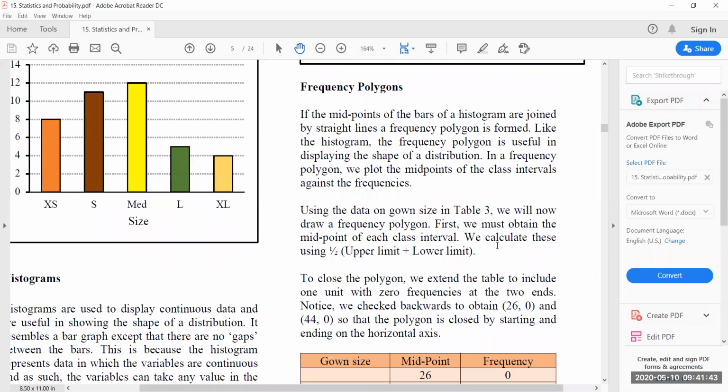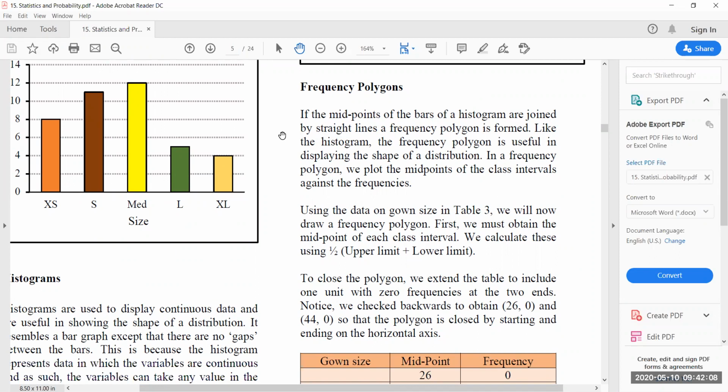Frequency polygons. If the midpoints of the bars of a histogram are joined by straight lines, a frequency polygon is formed. Just like a histogram, the frequency polygon is useful in displaying the shape of a distribution. In a frequency polygon, we plot the midpoints of the class interval against the frequencies.